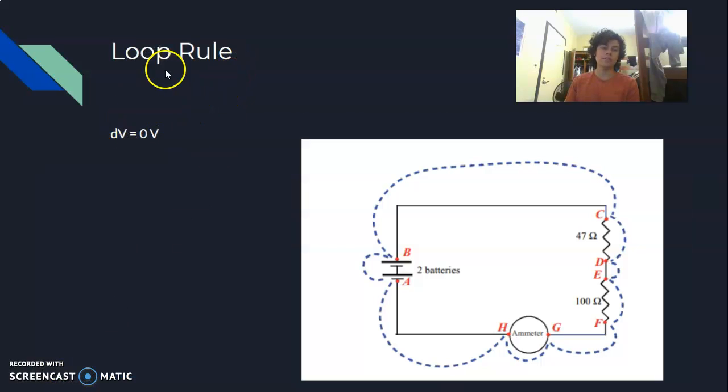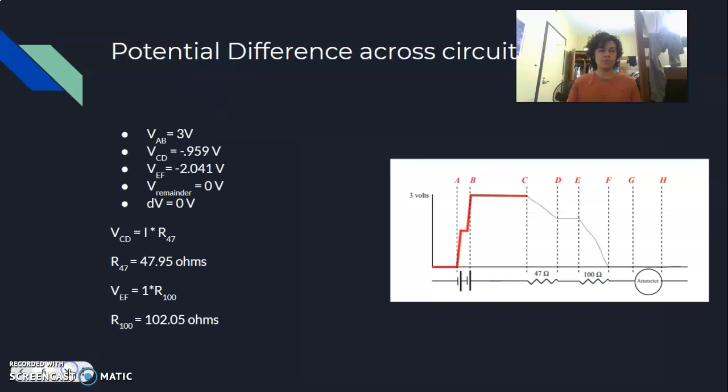And in this, dV is equal to 0 V because each part of the circuit combines to equal dV. So we have BC plus CD plus DE plus EF and so on all combine to equal 0 V, as we will see soon. V of AB is equal to 3 volts since there is no resistance from the wires, since the simulation assumes no resistance in the wires.